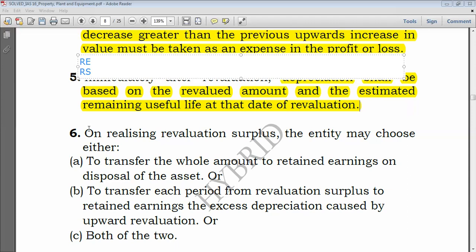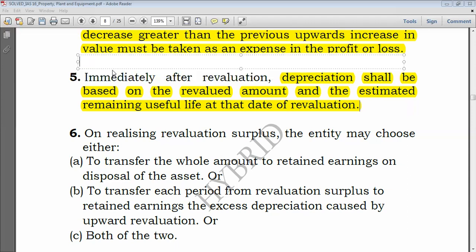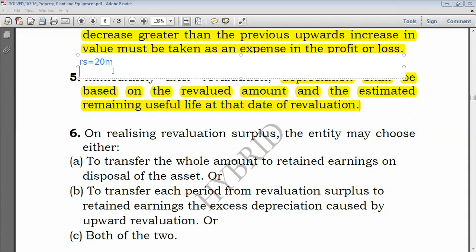So here we are told, on realizing a revaluation surplus, the entity may choose to transfer the whole amount to retained earnings on disposal of the asset. You have disposed of the asset, and you had a revaluation surplus. Let's say here you had a revaluation surplus of 20 million, and you have realized it all. If you want to realize the revaluation surplus and eliminate it, the revaluation surplus is equity, which has a credit nature.